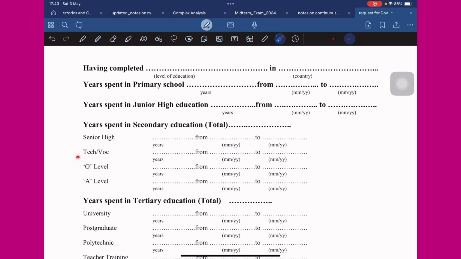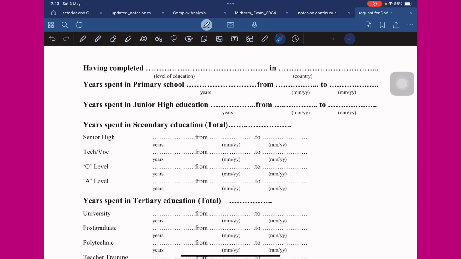And then let's say here you spent 3 years. So you write the 3 here. And then let's say with the senior high school too, you spent another 3 years. You write the 3 years here. And then the total is 6 years. So you write the total 6 here.